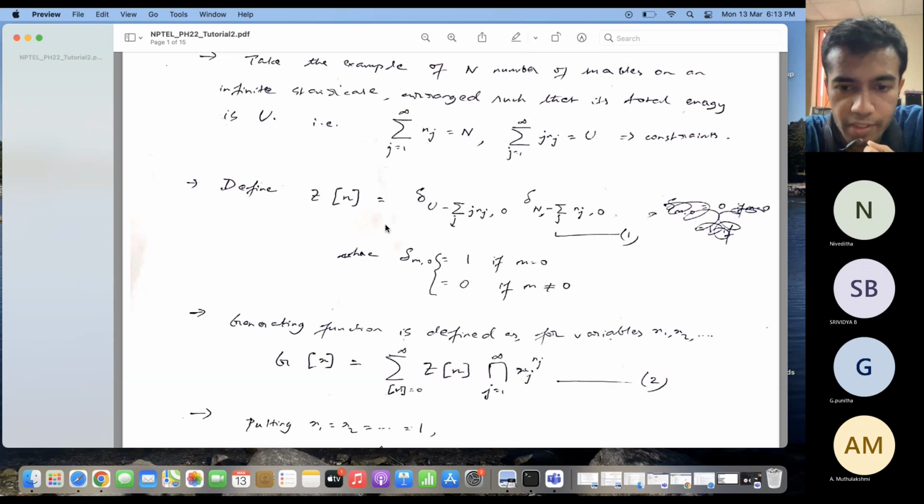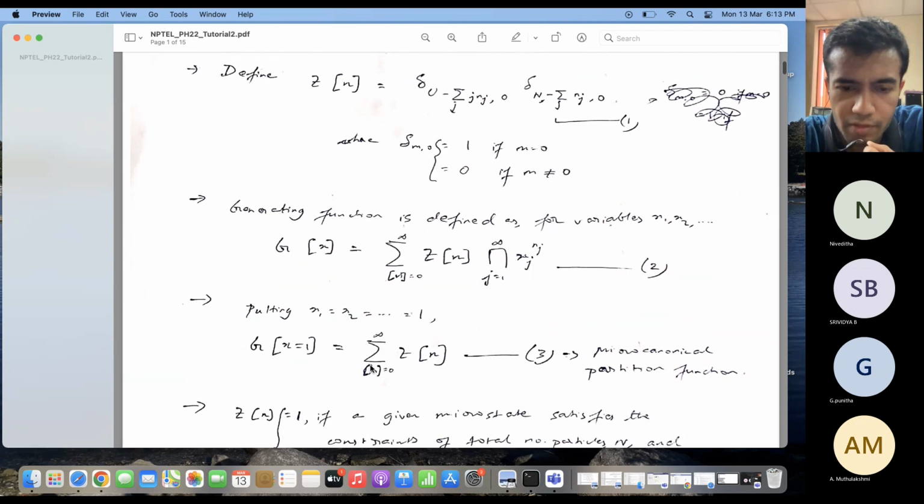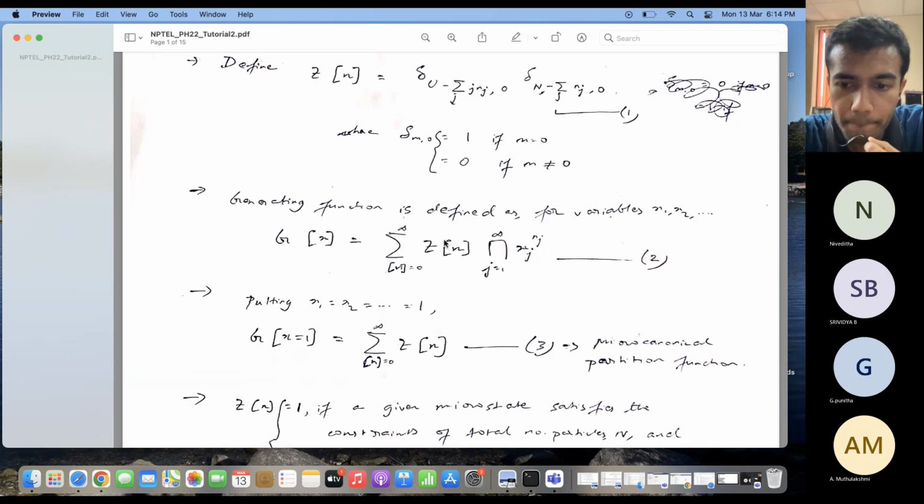So Z will be 0 for that microstate. So if I sum over Z of N, considering all microstates, then basically I'm adding 1 plus 1 plus 1 up to the total number of microstates which give rise to this particular macrostate. In this way, we can count the number of microstates with the help of this function. Okay, so this part is clear, right?